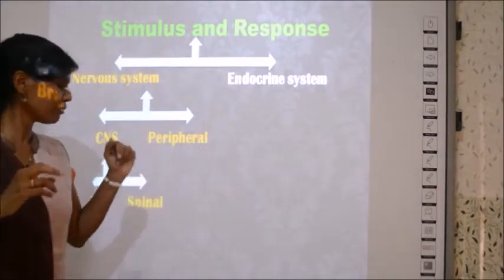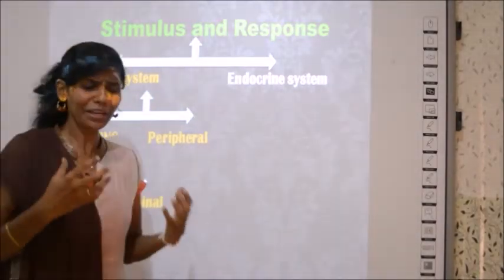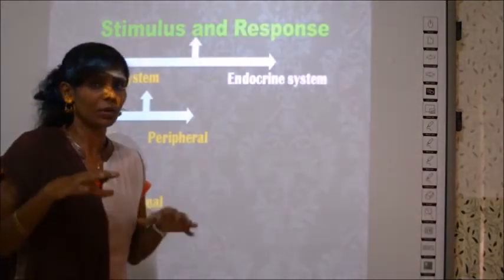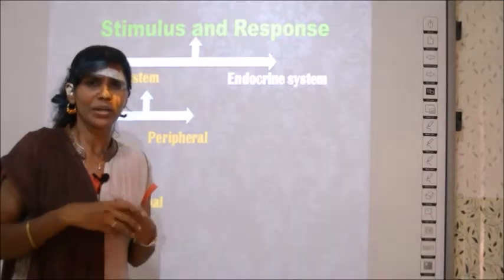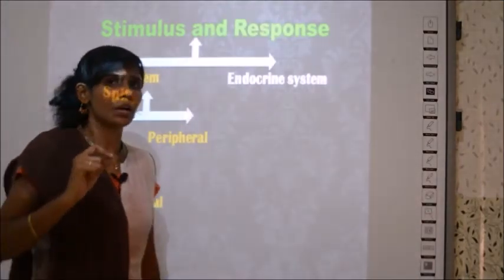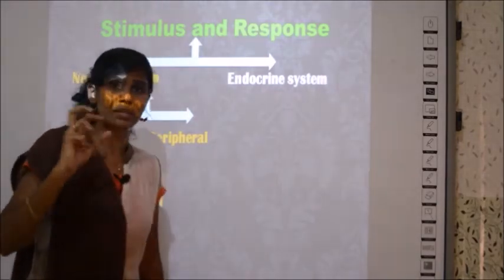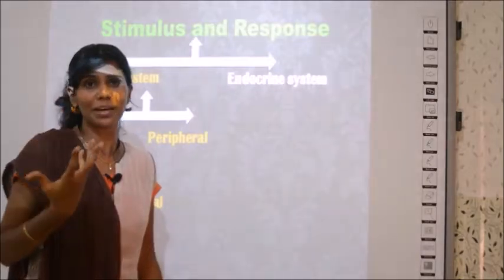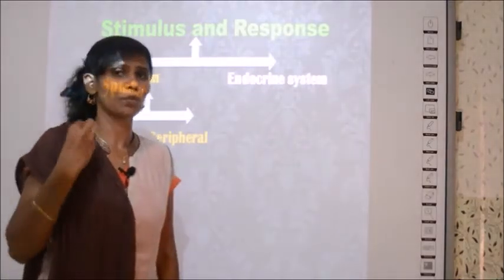What is this peripheral nervous system? When I was a small kid, maybe in lower grades like 6, when I heard the word nervous system, I thought that all the nerves in your body make the nervous system. I don't know about you, but my thought process was like that.